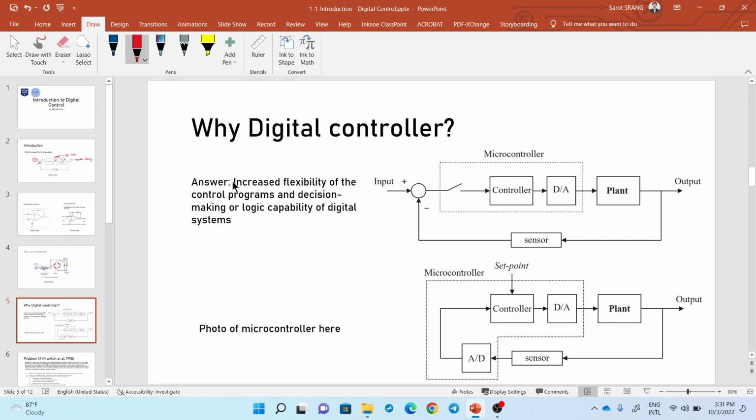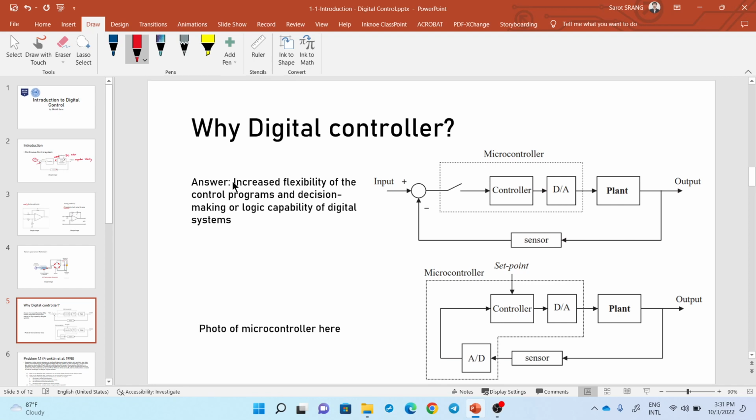So the iteration process does not take so much time, right? With that, we just need general purpose device, components, or computer or microcontroller, right?